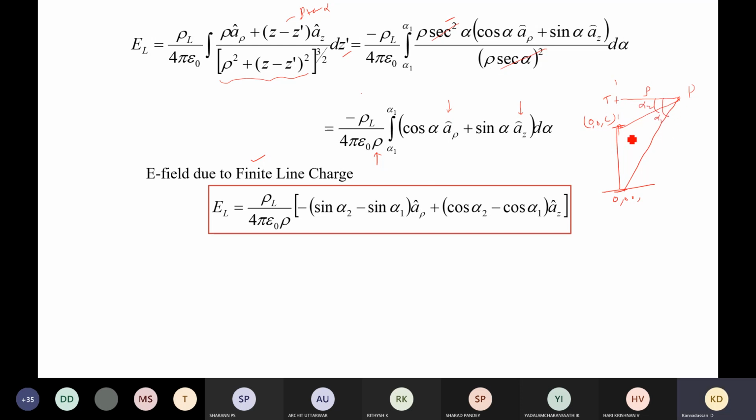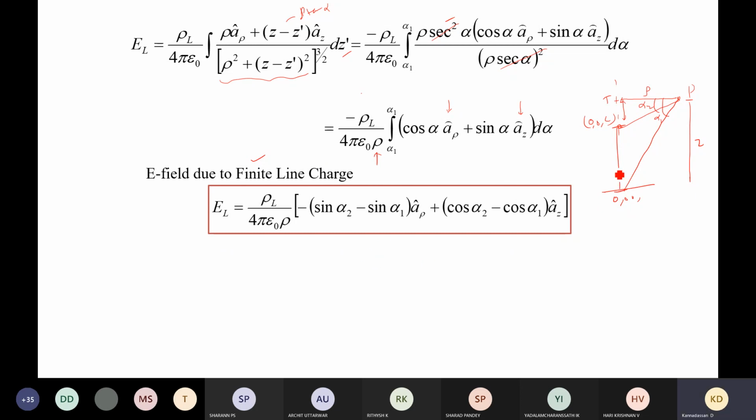So this is a simple right angle triangle problem, when you work out based on the dimension. So this dimension is simply going to be Z, the location of the P in the Z direction. And this distance we can easily calculate as Z minus L. So by doing that, you can calculate alpha 1 and alpha 2, and you can substitute and calculate that.